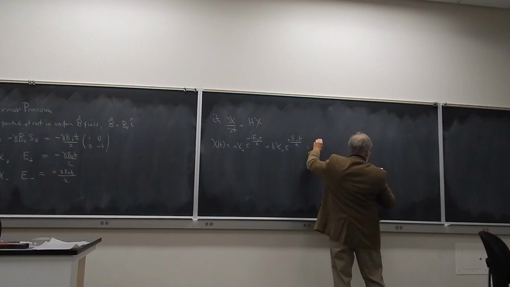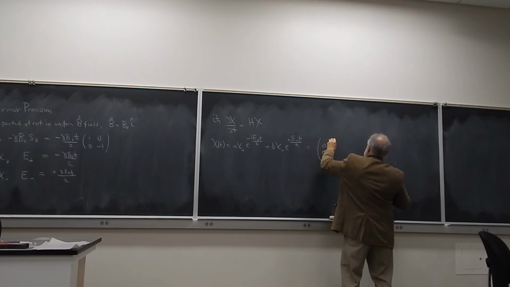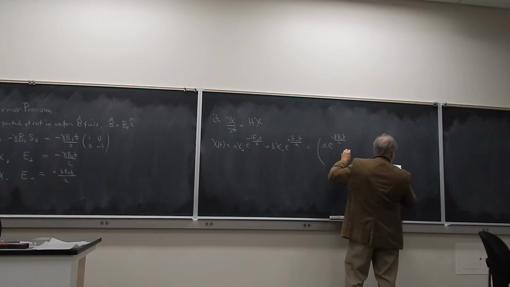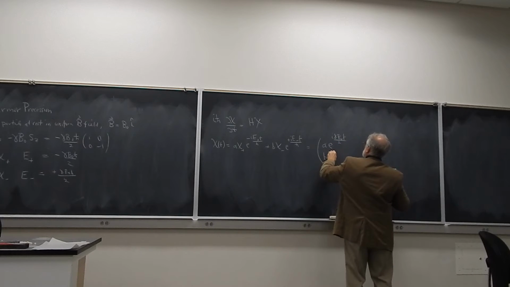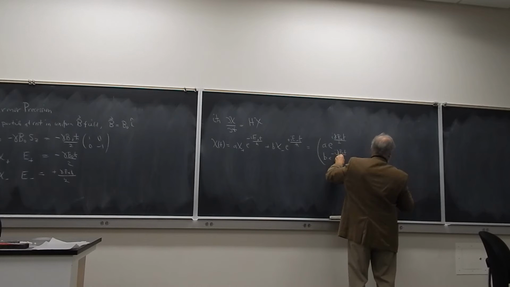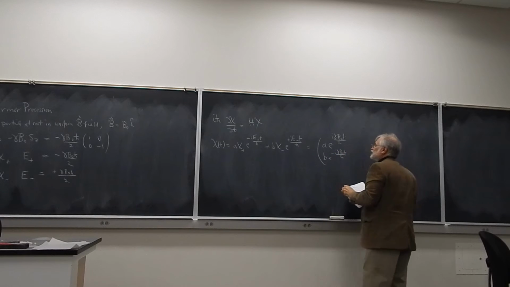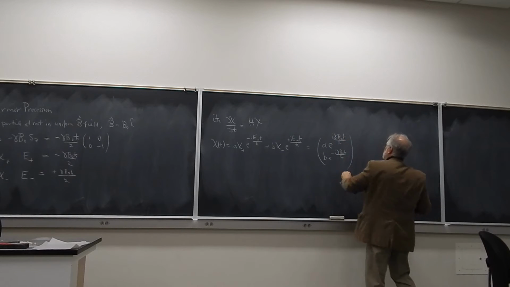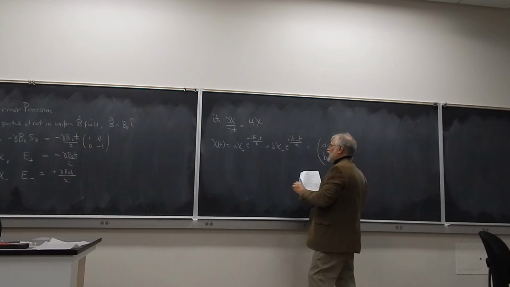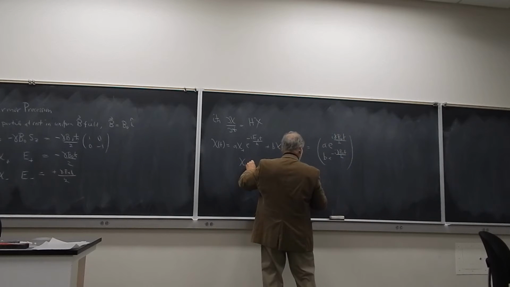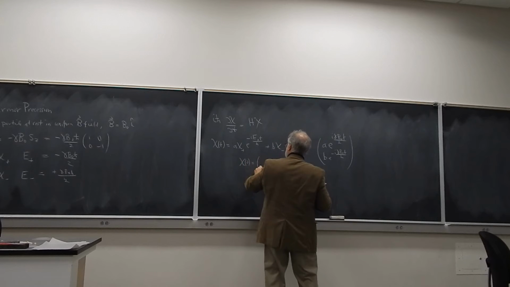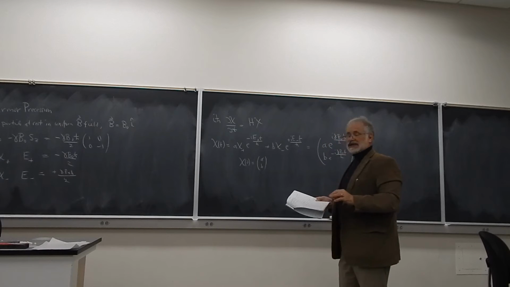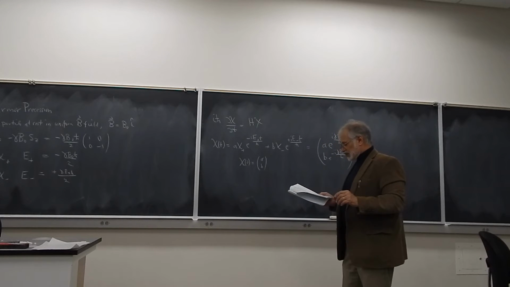And I can write this as a matrix: A e to the i gamma B naught t over 2, B e to the minus i gamma B naught t over 2, where A and B are determined by the initial conditions of the system. In other words, chi of 0 would be equal to (A, B). And of course, normalized so that A squared plus B squared must be equal to 1.